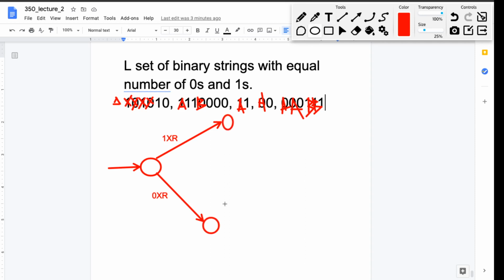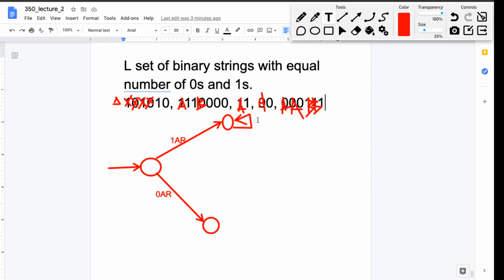What do I do next? After I found 1, I need to skip all other symbols. So I'm going to loop. Once I found my first, well, not X, sorry, but A and B. So 1A, 0A.